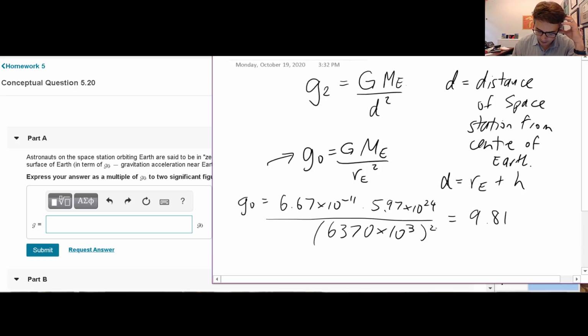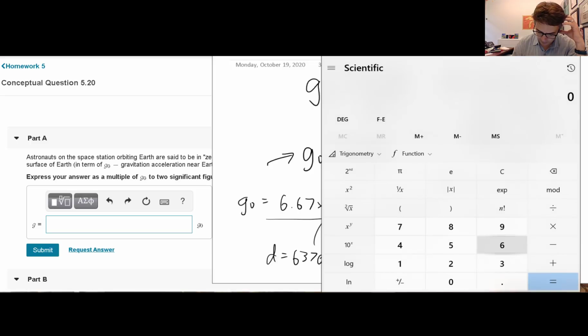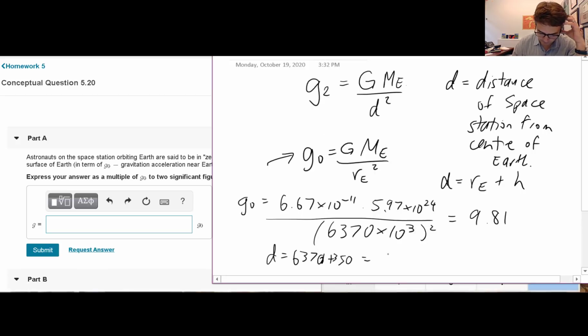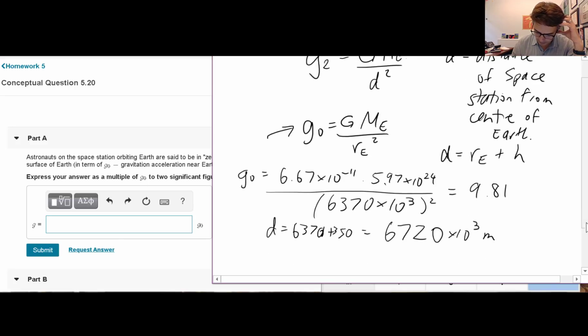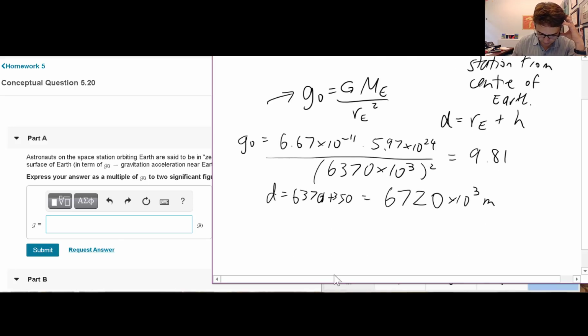Then d is equal to 6370 plus 350, 6720 times 10 to the 3 meters.